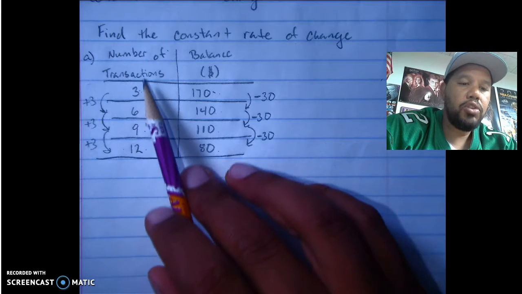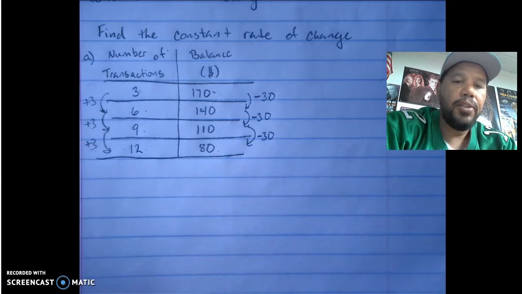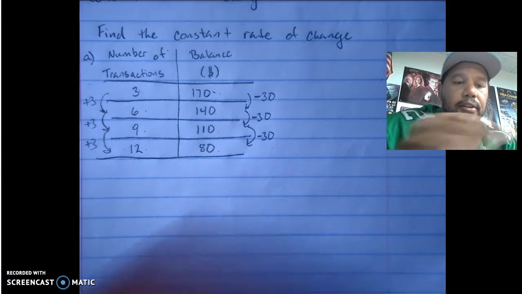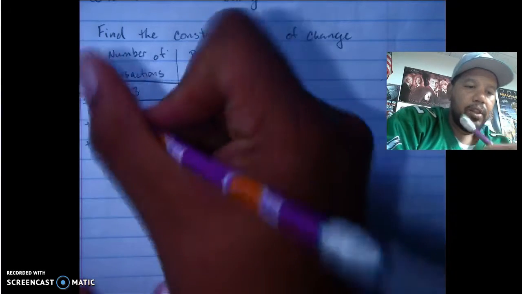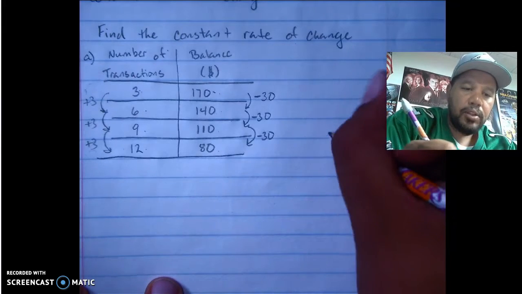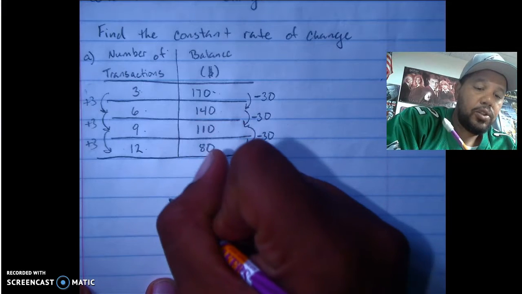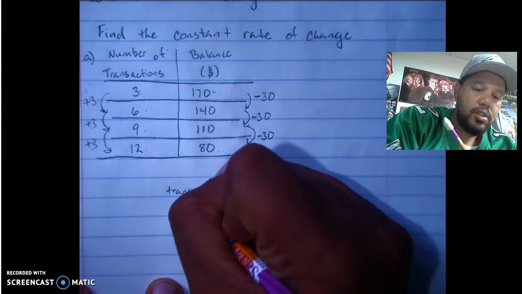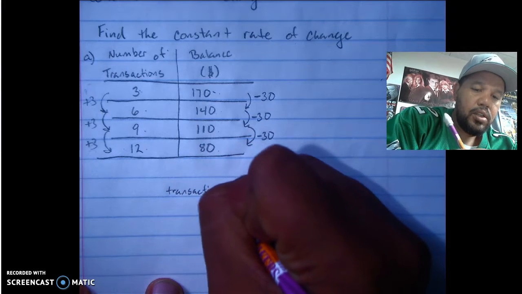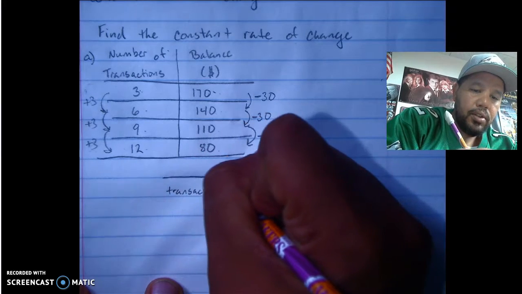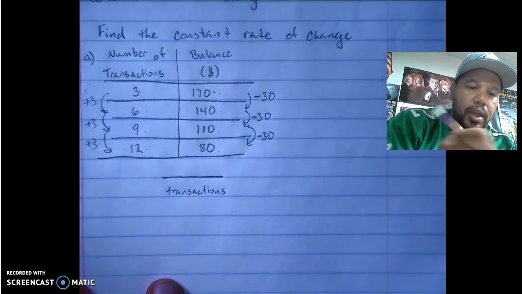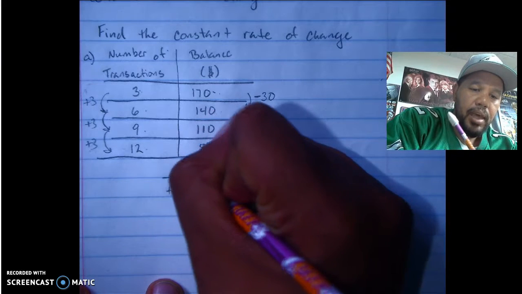So we're going to put the transactions on the bottom, because that's the thing that affects the balance, and on top we're going to have the balance in money.